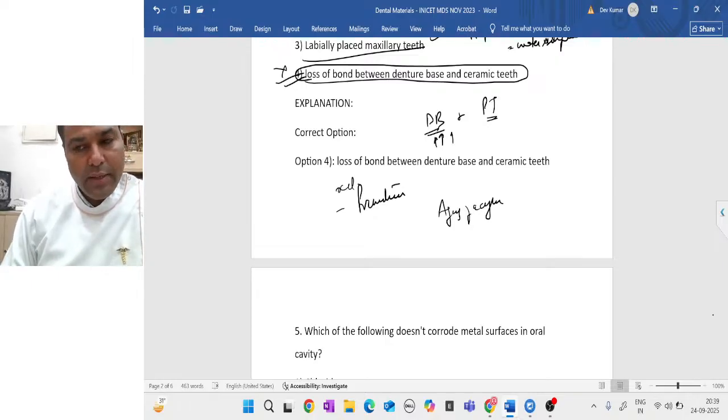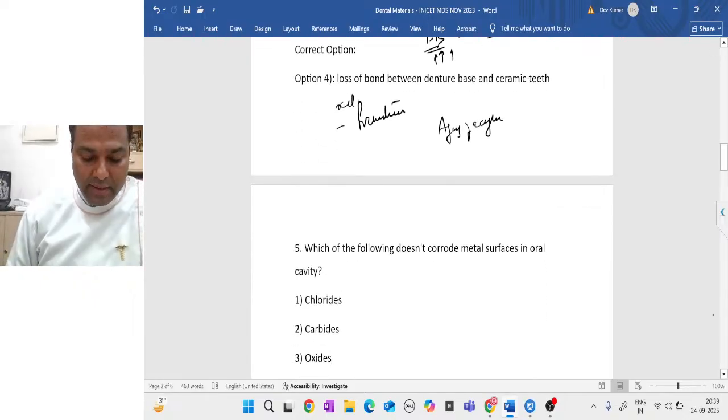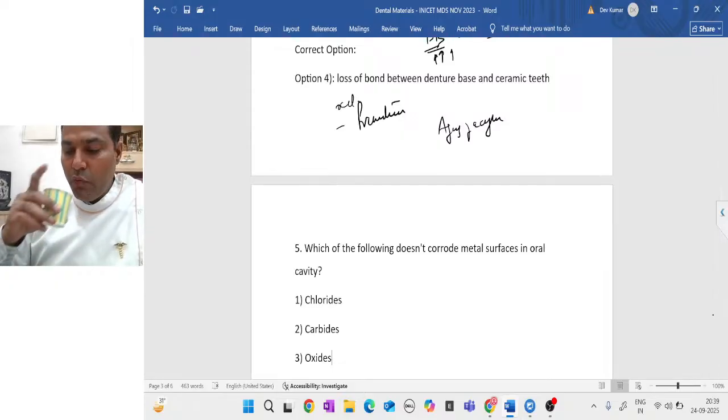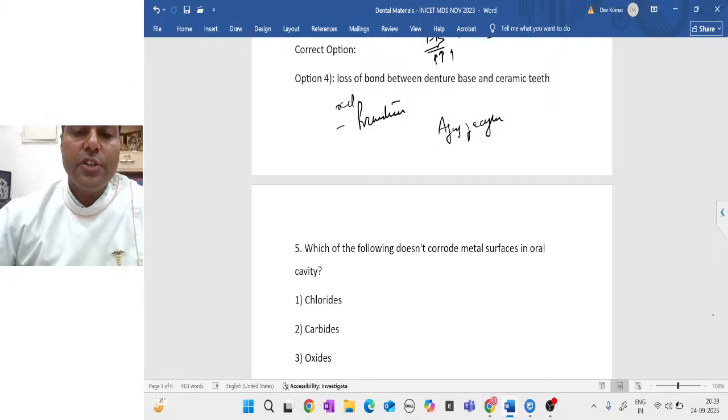Okay, clear? Next question: which of the following doesn't corrode the metal surfaces in our oral cavity? Now we all know, see, first there is a difference between tarnish and corrosion.